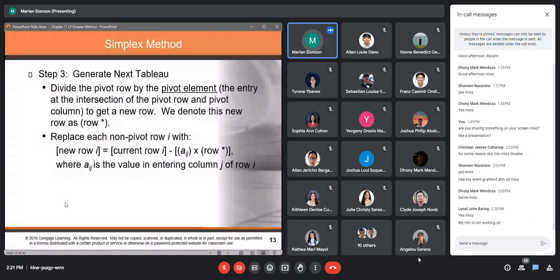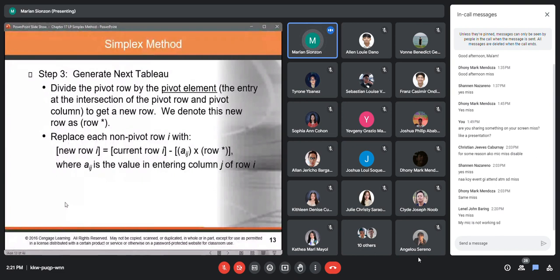Step 3, generate the next table or tableau. Divide the pivot row by the pivot element, the entry at the intersection of the pivot row and pivot column, to get the new row. Then we denote this new row as row asterisk, or what we call the generating row, the row that generates all the other rows in the new table.